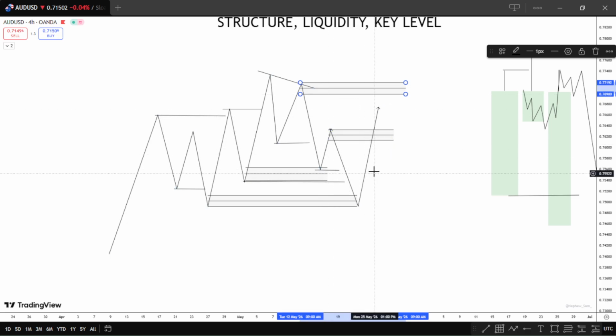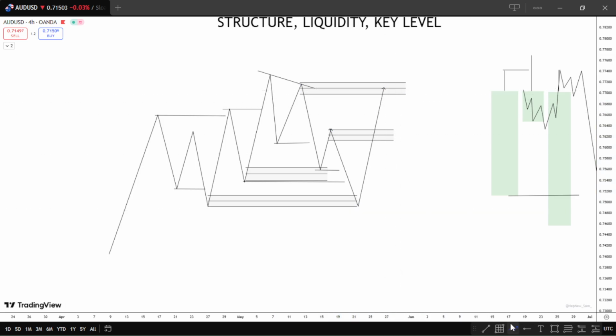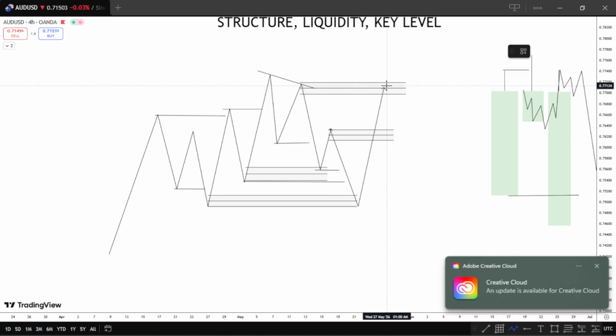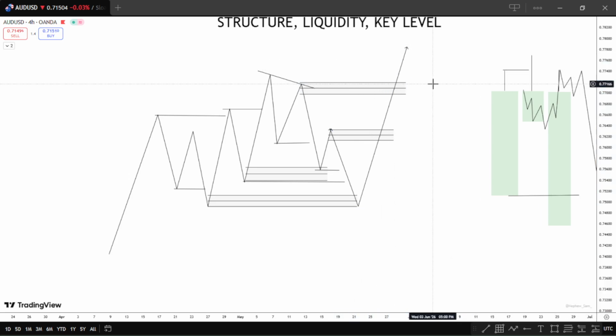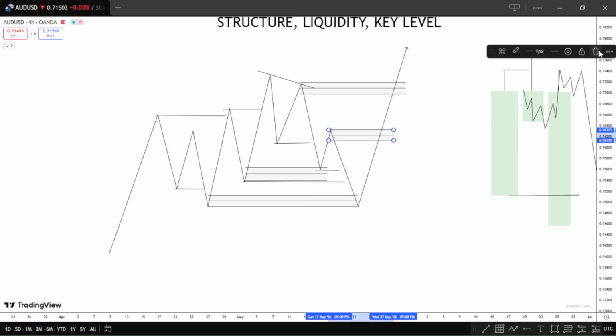They will still be the liquidity, and eventually the market will just break through and keep selling. But then they are on the wrong side of the market, so they should join others.